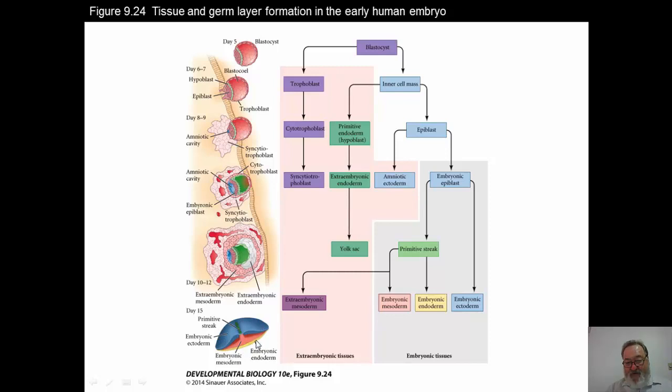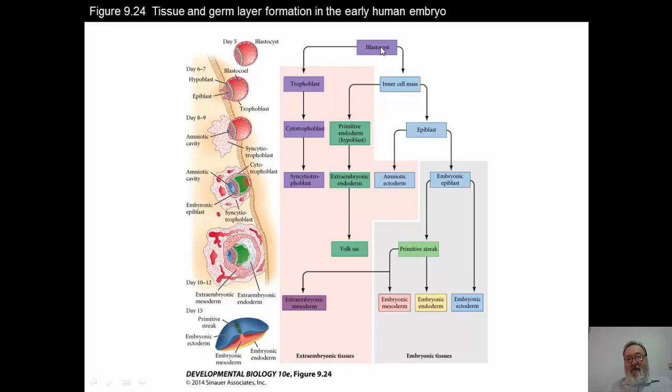In any event, this is a remnant of being derived from reptiles and avian species as offshoots of similar kinds of ancestors. Here we see the primitive streak, here's the ectoderm forming, here's the embryonic mesoderm, and the embryonic endoderm. It's virtually the same as in the chicken or in the reptile.